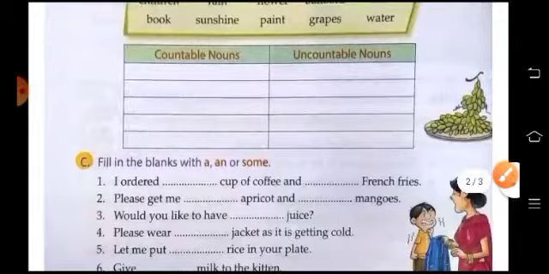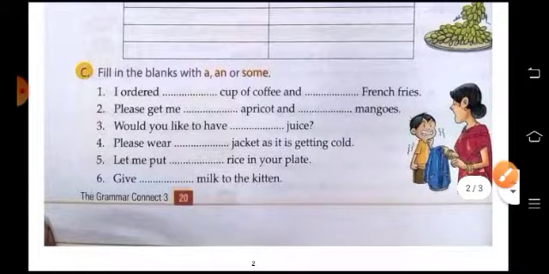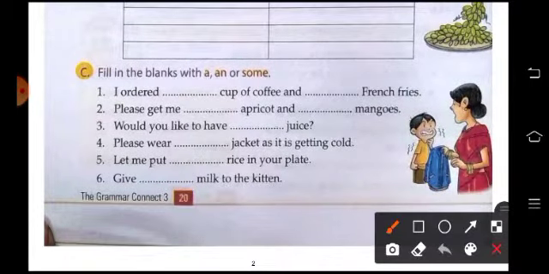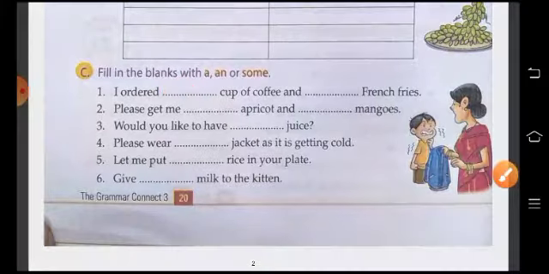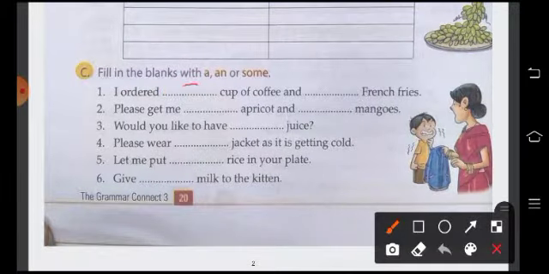Now fill in the blanks with a, an or some. So let's do. I ordered dash cup of coffee and dash French fries. So what do you write here? You can write, I ordered a cup of coffee and some French fries.